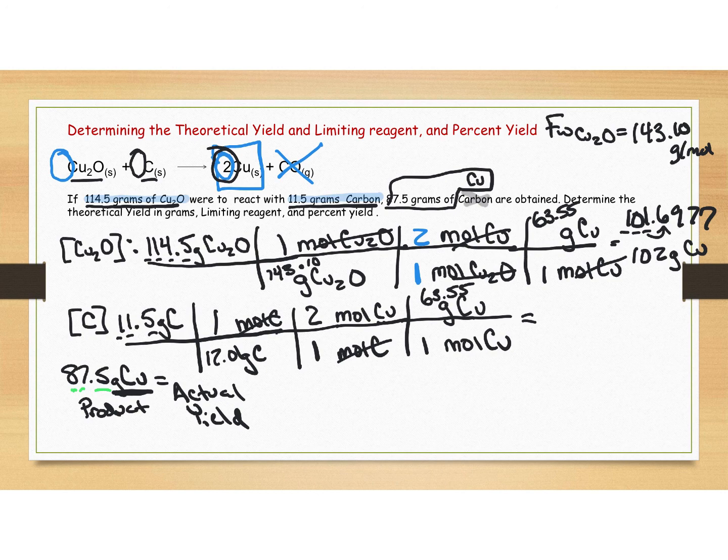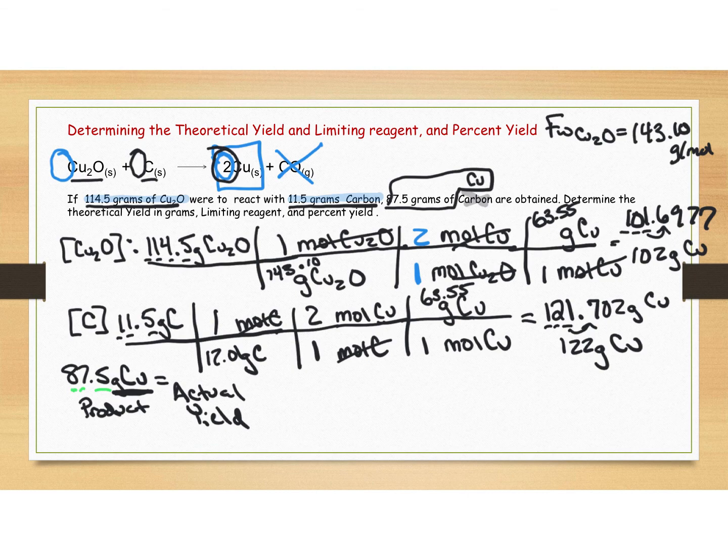Okay, and when I do that, I end up with 122 grams, or excuse me, 121, getting ahead of myself, 0.702 grams of copper. Again, we said we were looking for 3 significant figures, so this would be 122 grams of copper.